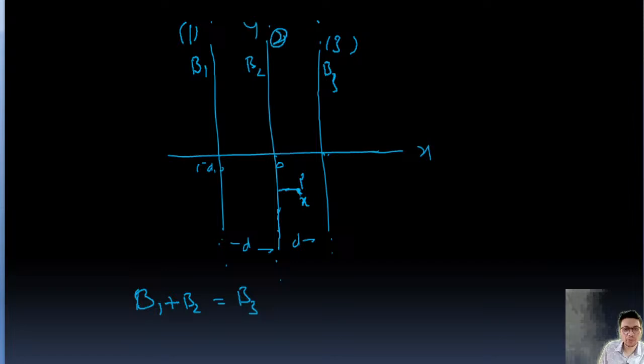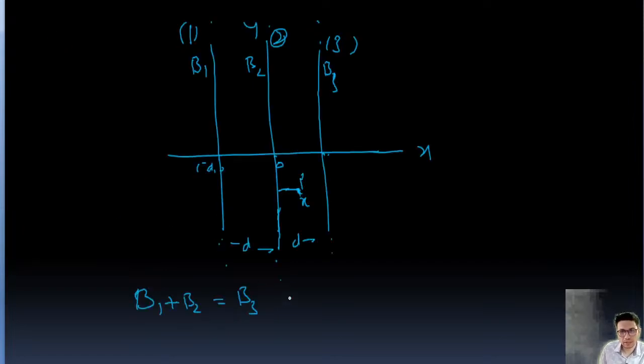So now we'll find B1, from equation 1: B1 plus B2 equals B3.